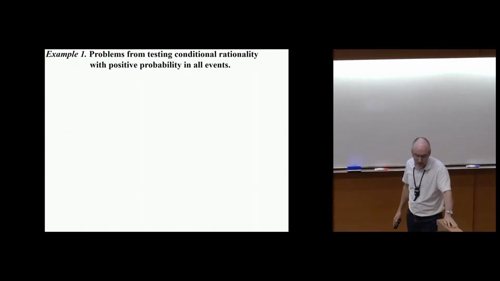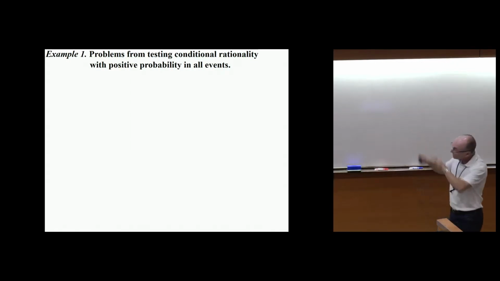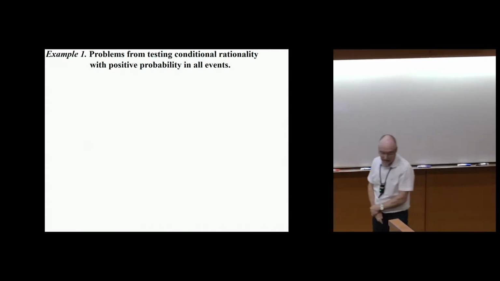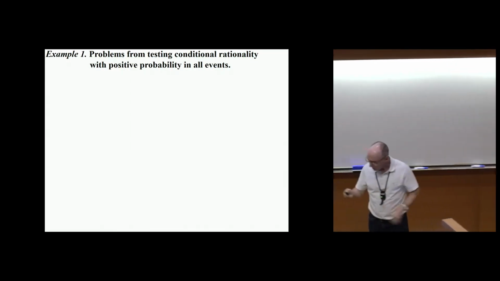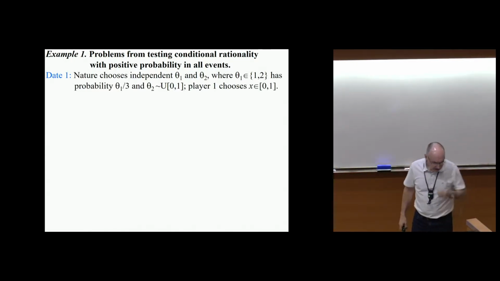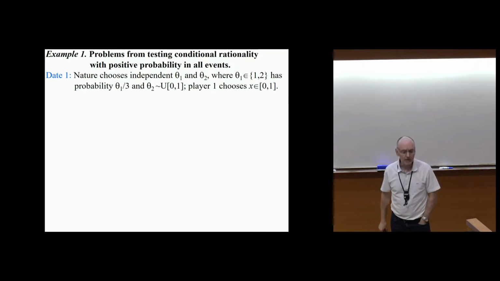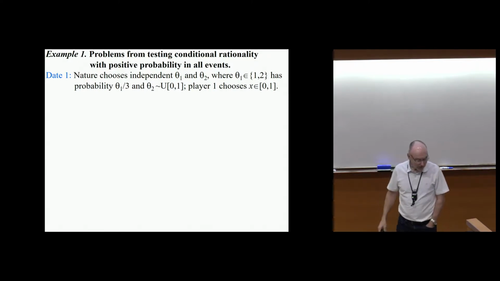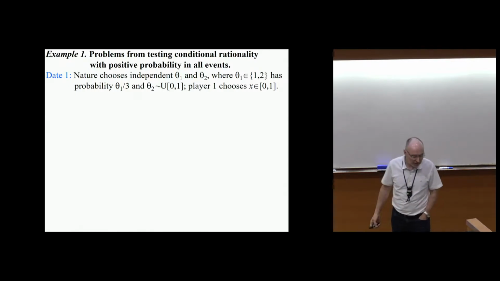So what's the problem of testing so-called conditional rationality, let's say, with positive probability in all events? Okay, so here's a game. Nature is going to choose two coordinates. So nature is theta. She has two coordinates, theta 1, theta 2. One of them will be discrete.